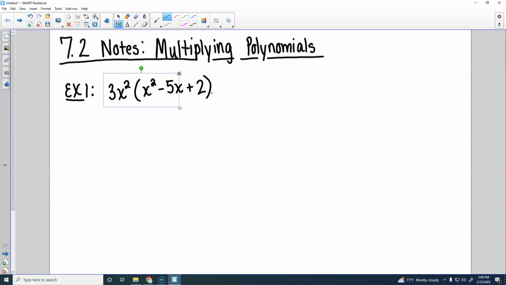So just to do one more example of this, whenever you have an expression right next to those parentheses, it means that you're multiplying and you're going to have to distribute it. So you would start off by doing 3x squared times x squared. That's going to give you 3x to the 4th power.